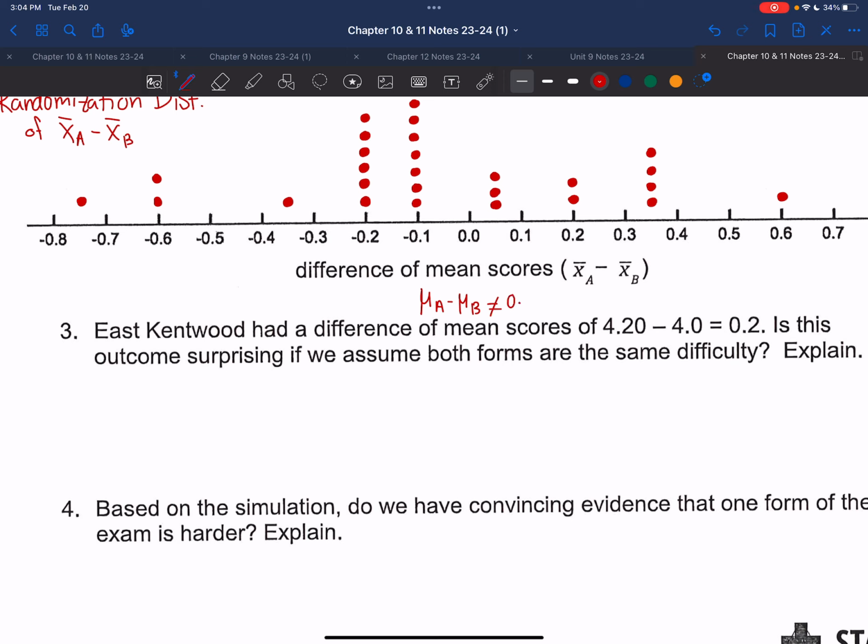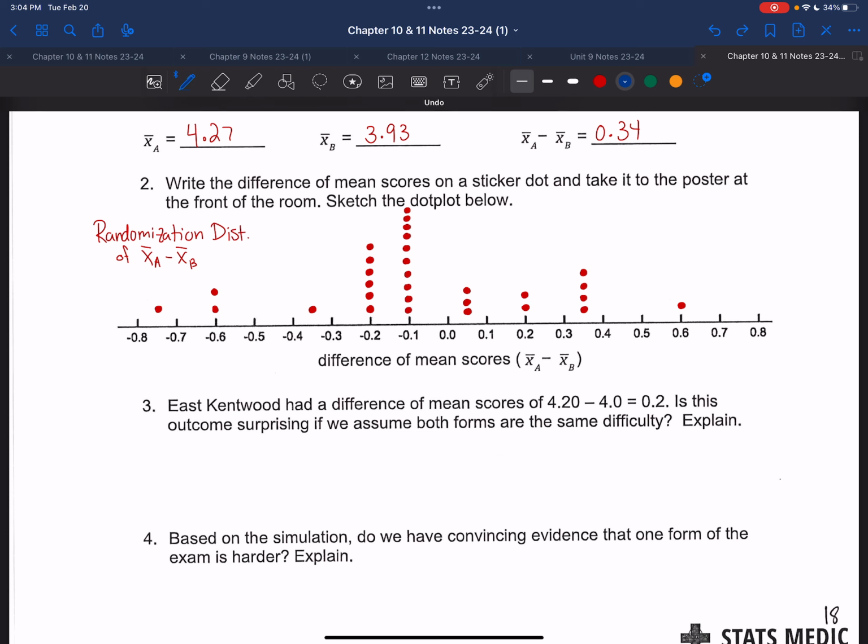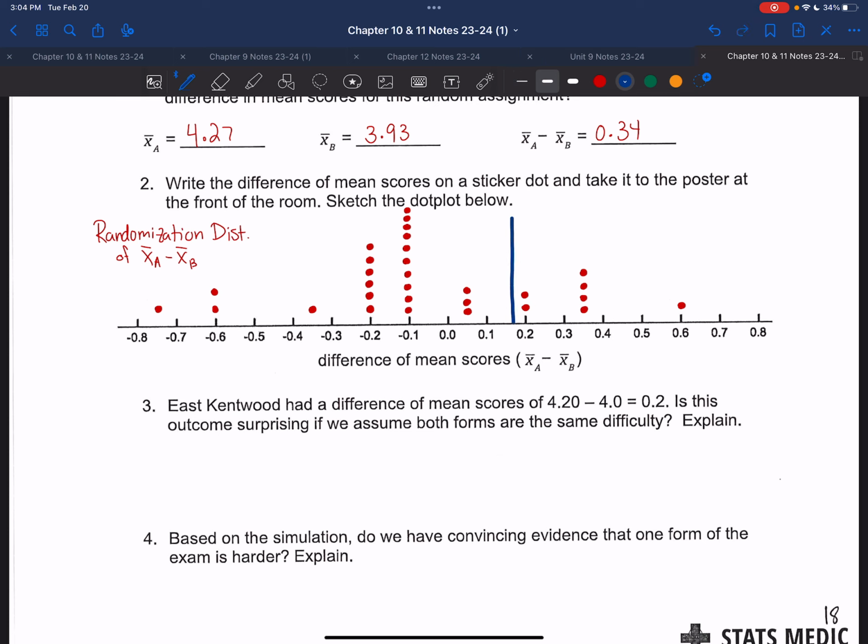So in other words, it's a two-sided test. They had 0.2, so what are the odds that we have a difference of 0.2 or negative 0.2 or more?